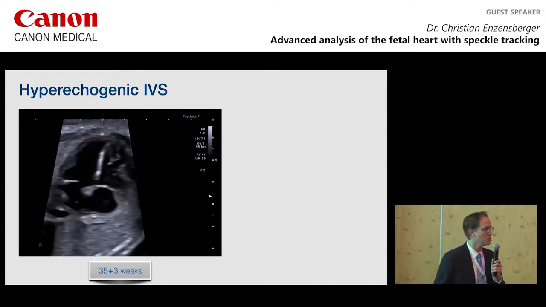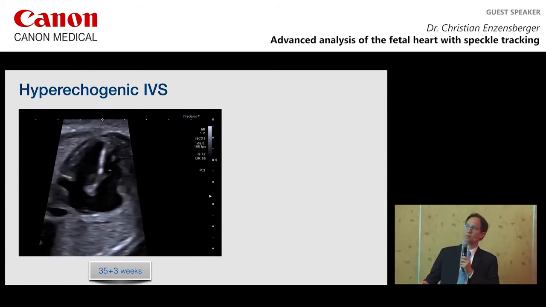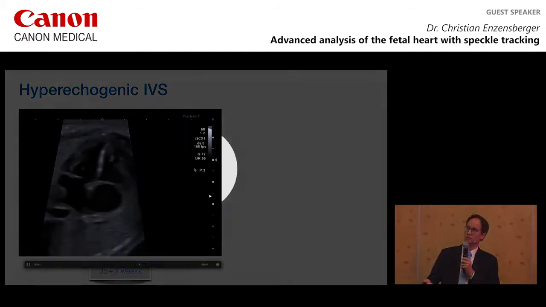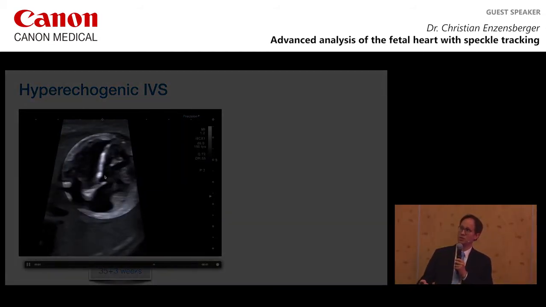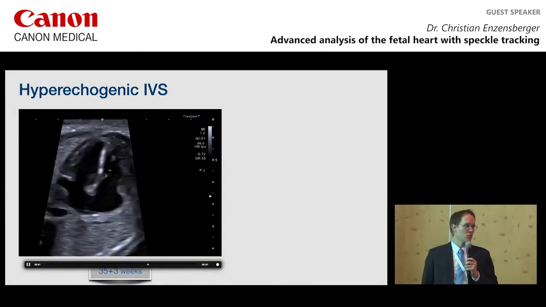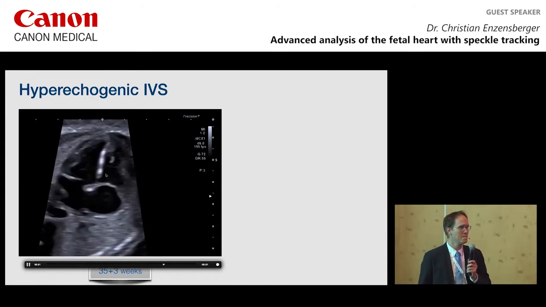What do you see? What do you think about that?" You see this very hyperechogenic interventricular septum. So what could that be? What do you think about that?